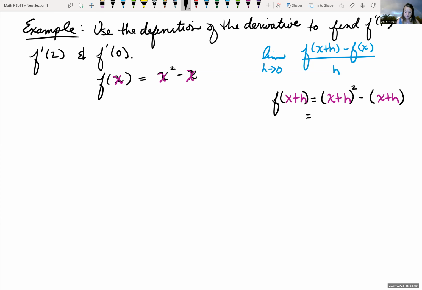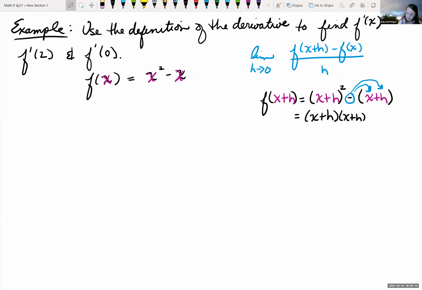So x plus h times x plus h, we have to distribute that out. Can't just square each term because there's addition in between. Minus, so this is where students need to be careful. You have to distribute this negative out here. And so that's where it's important to put parentheses around your whole f of x function, and that's actually over here.